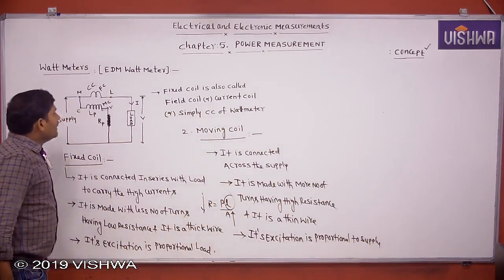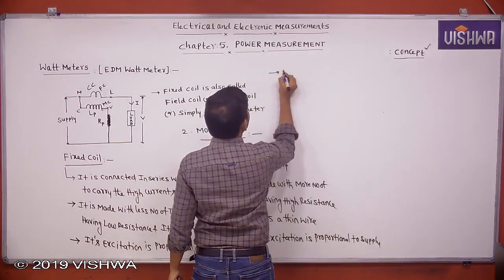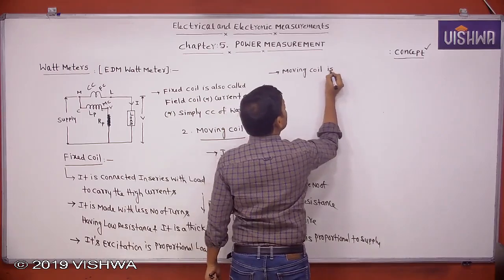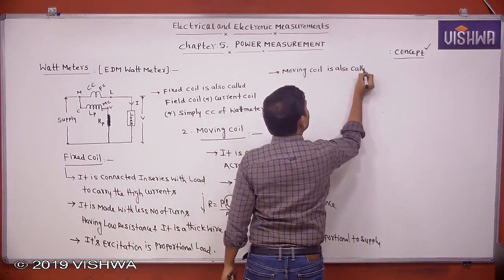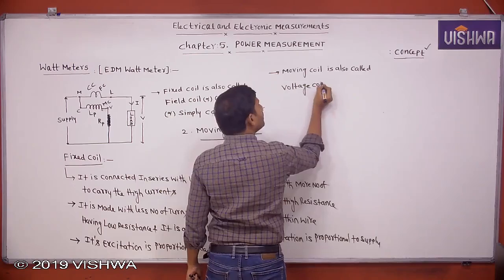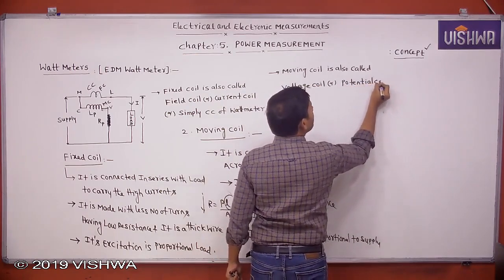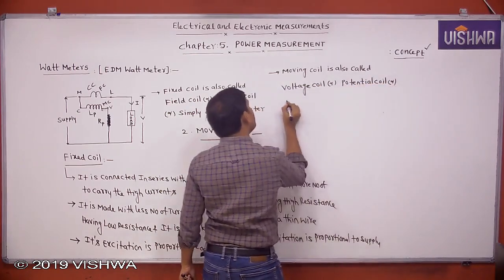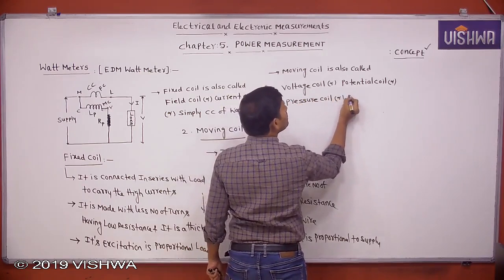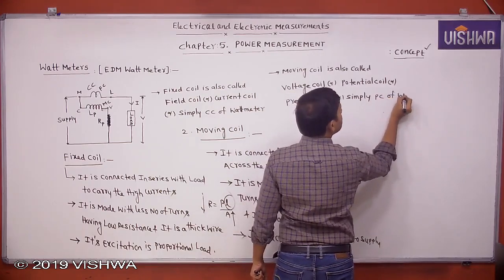Then this moving coil is also called voltage coil, or potential coil, or pressure coil, or simply PC of wattmeter, pressure coil of wattmeter.